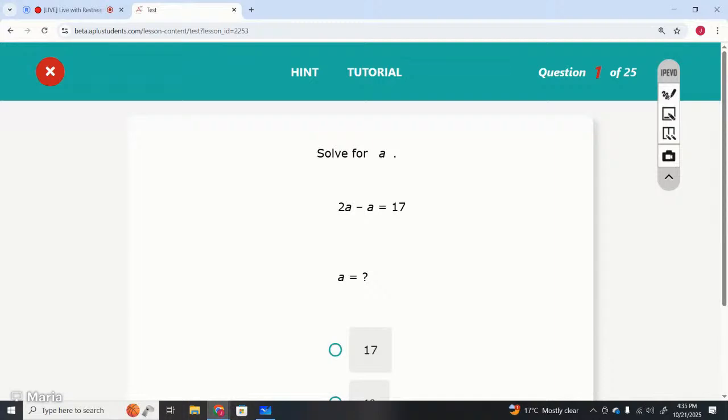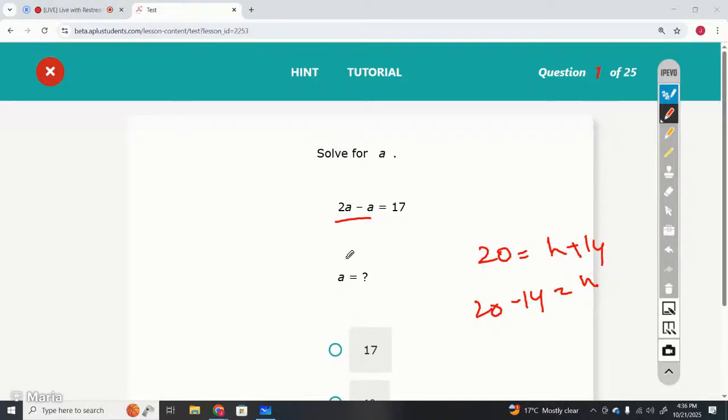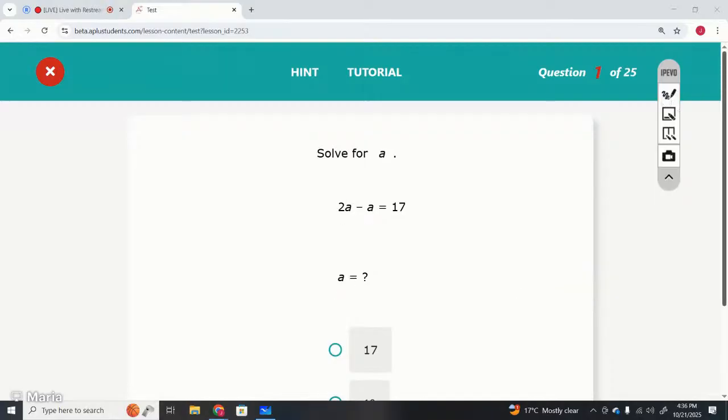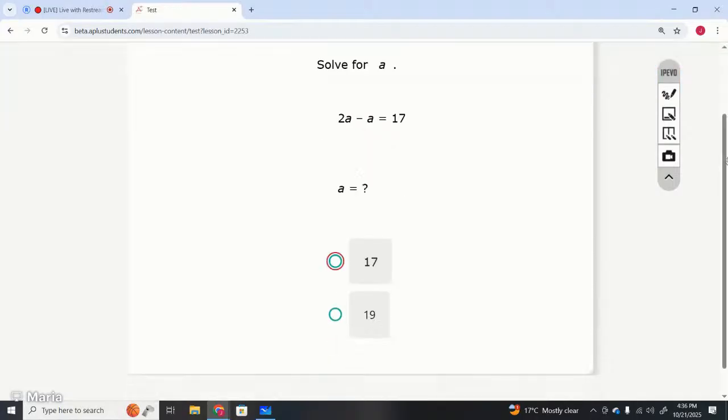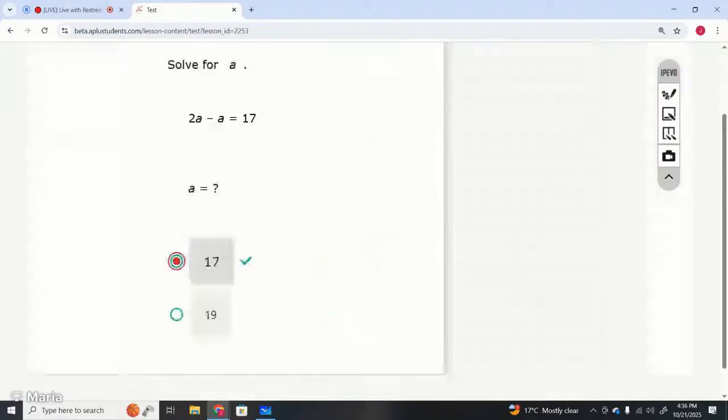So 2a minus a equals a, that is a equals 17. Option number 1 is the correct option. 17 it is.